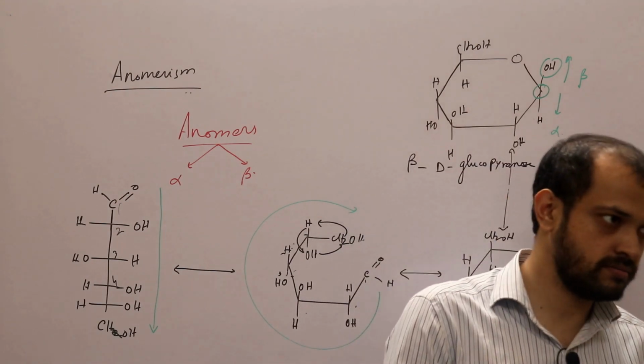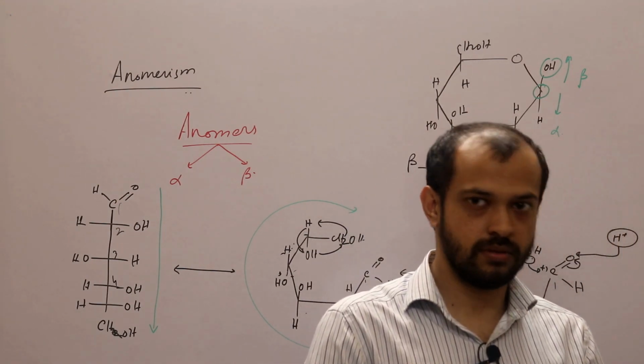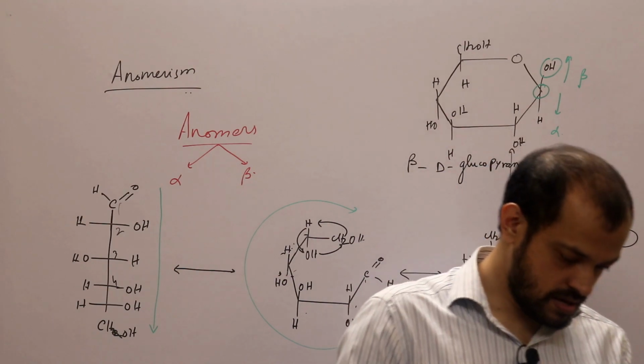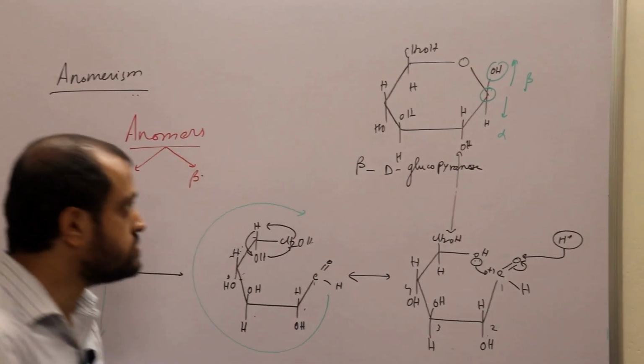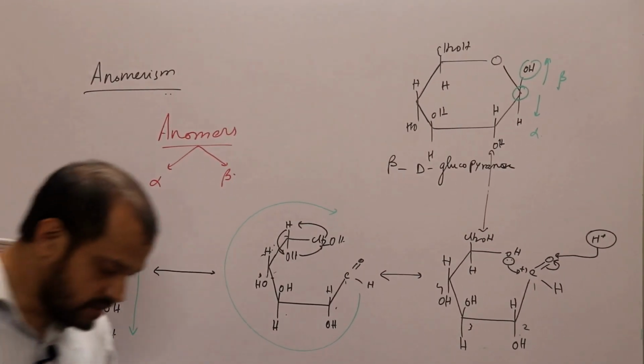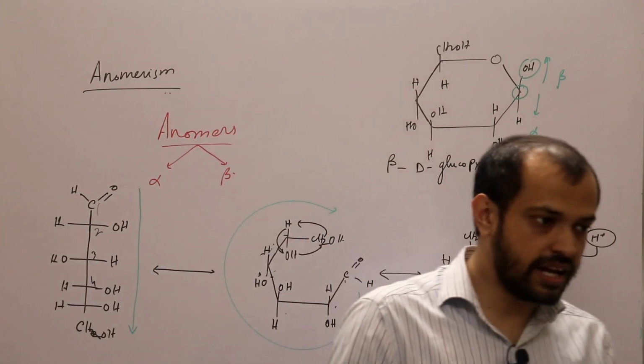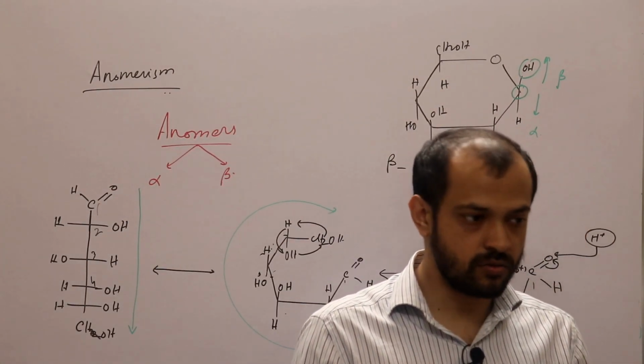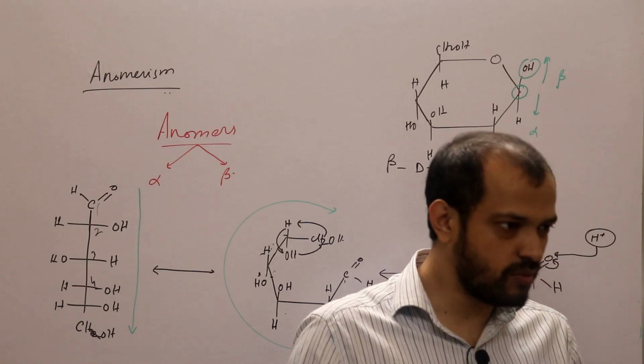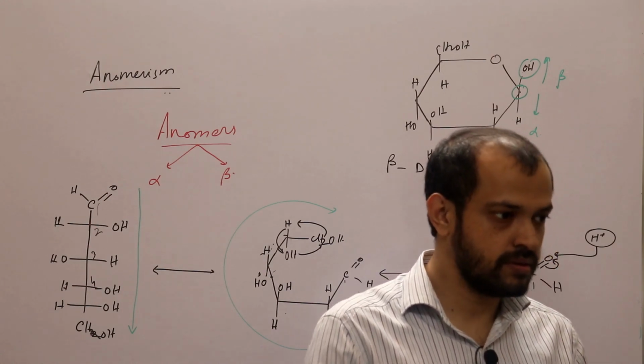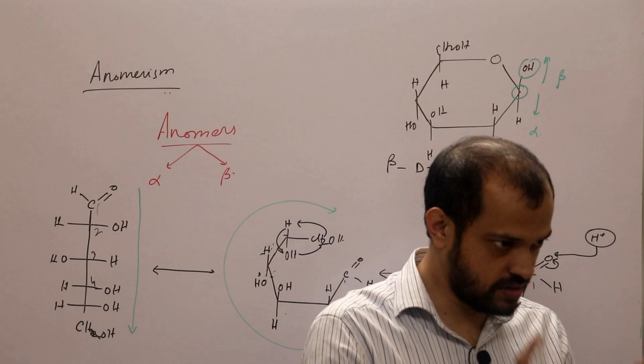Yes, they are important. Why? Listen, if I tell you that we can actually obtain beta anomer, then your question will be how, and why we want beta anomers. Let's talk about the how part first.